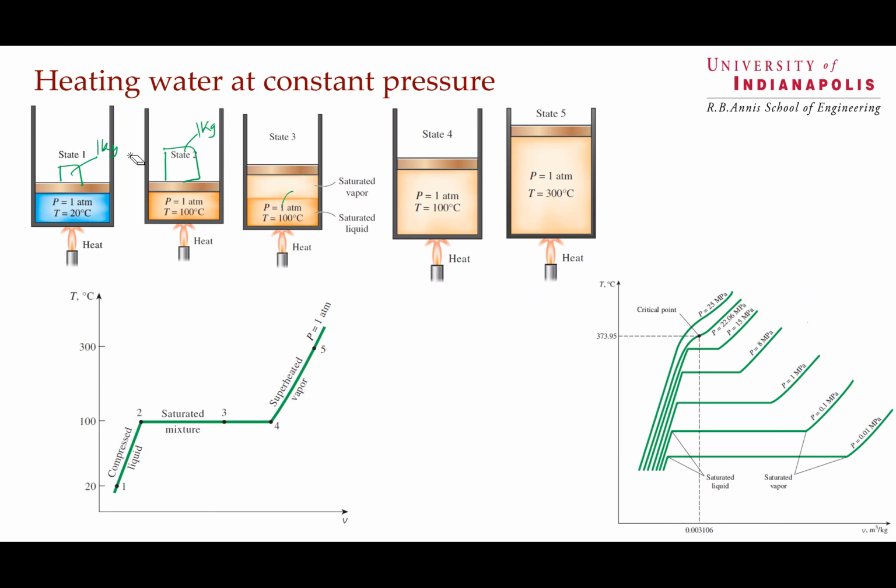What is illustrated is a fixed mass of water that is heated gradually. At first, the water is at 20 degrees Celsius and 1 atm. It's called a subcooled liquid or compressed liquid at state 1.